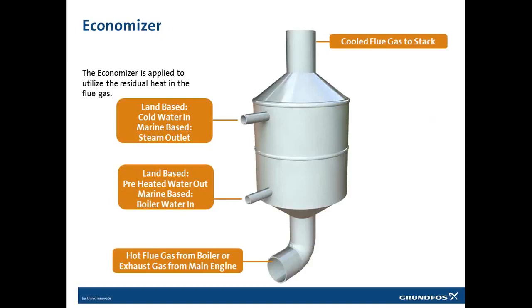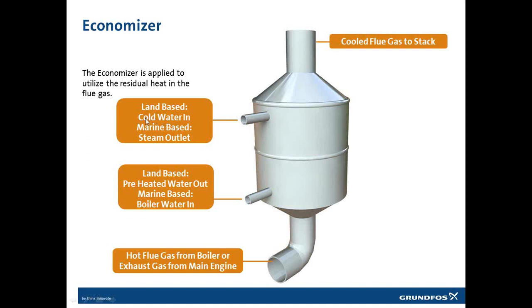If we go through the economizer, we have, of course, a wish to take out as much heat in the flue gas as possible. The exhaust gas inlet from a main engine goes through the economizer, and then we have the cooled flue gas to stack or to funnel, depending on the installation.